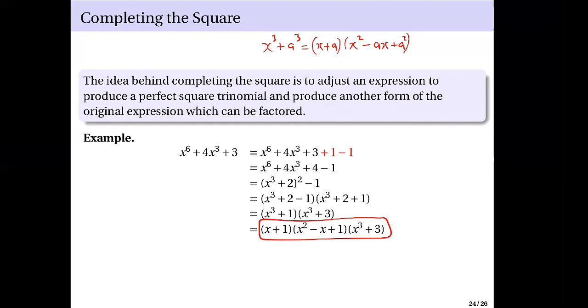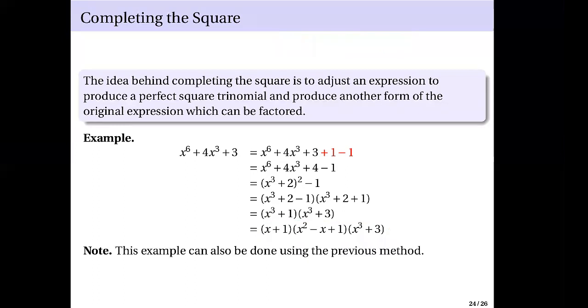Question. So this example can also be done using the previous method, the method for x squared plus bx plus c.